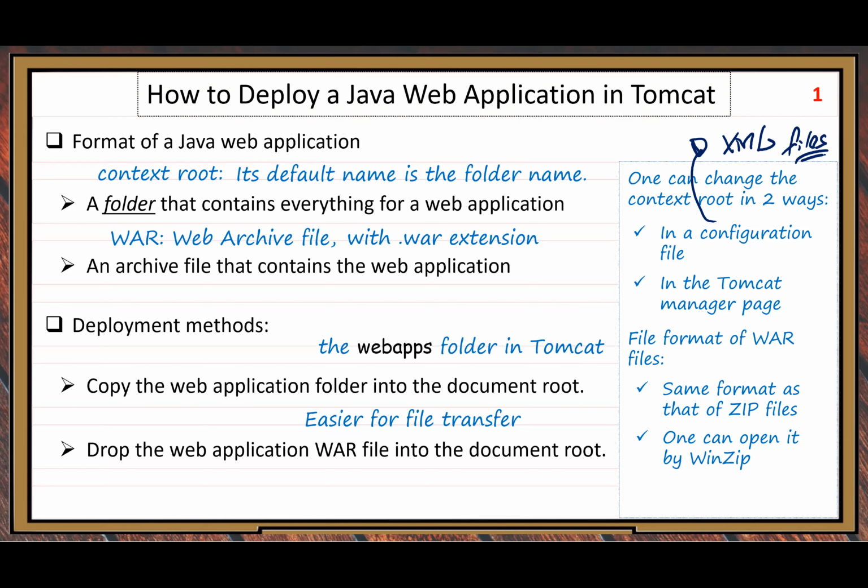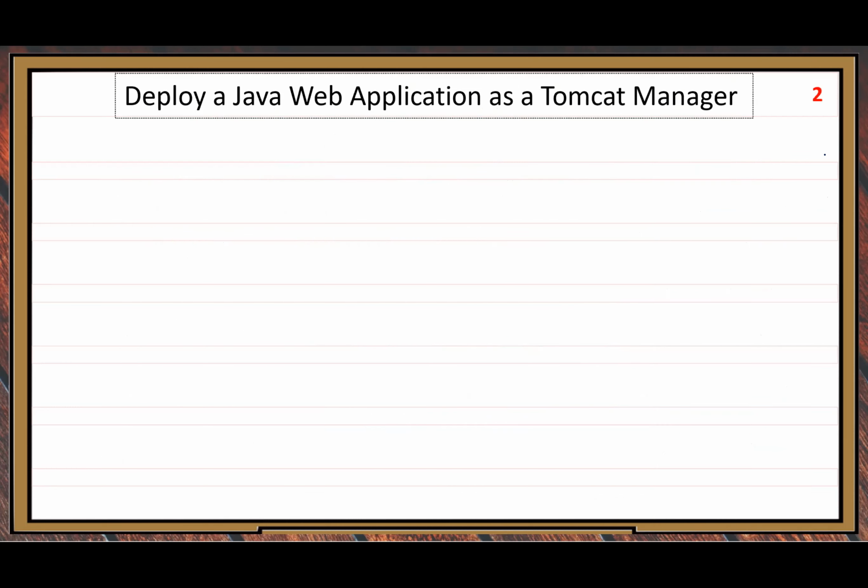There is another way to do the deployment: the manager web page. I will show you the manager page next. Let's look at deploying a Java web application with the Tomcat manager.